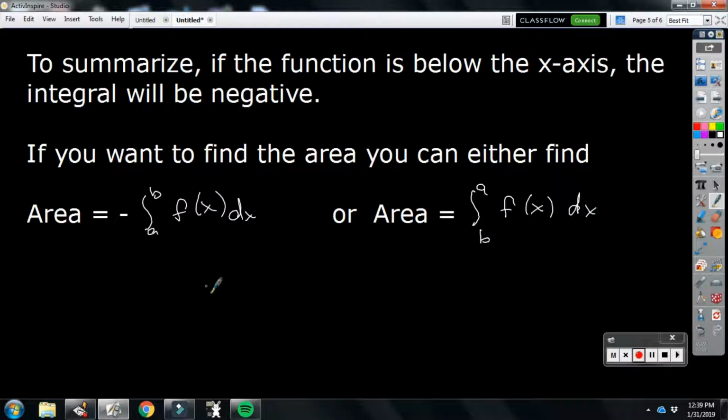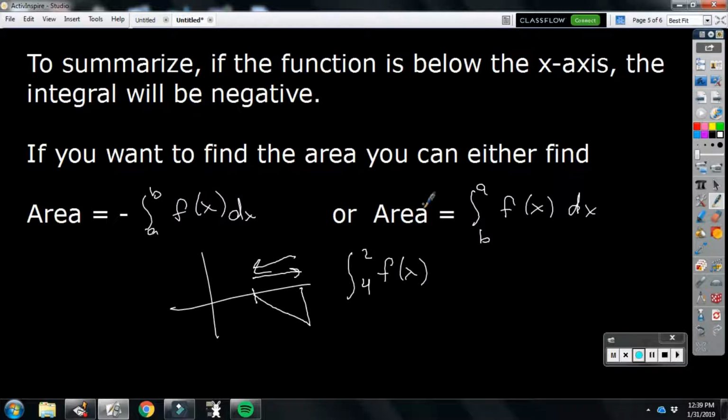So if I look at the last problem, where you look at this triangle down here, if I say go from 2 to 4, it'll be a negative area. But if I say go from 4 to 2, by switching the bounds, that'll make my answer positive. That'll make more sense next class when I show you how to actually evaluate integrals. But just know that if you switch the bounds, b to a instead of a to b, it'll switch the sign.